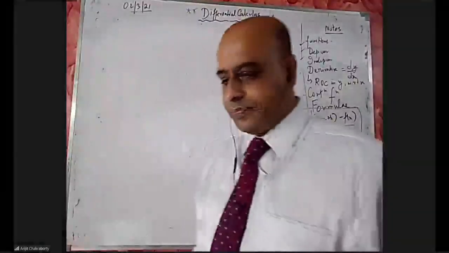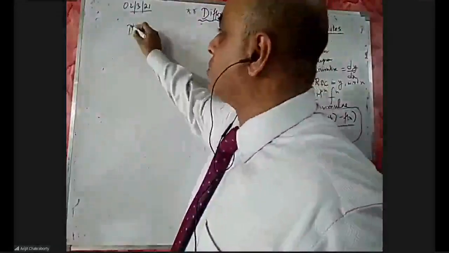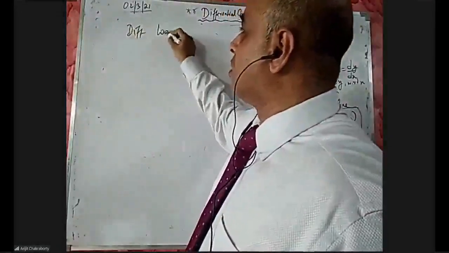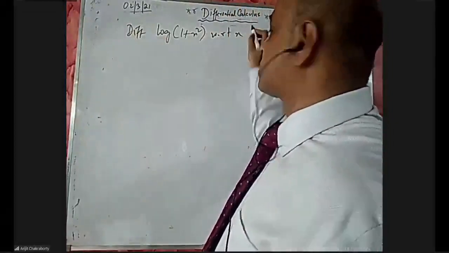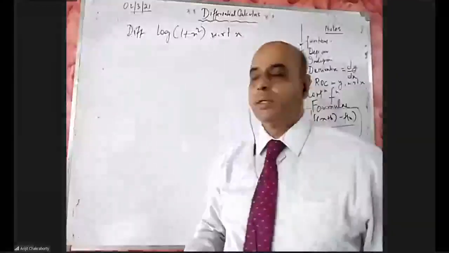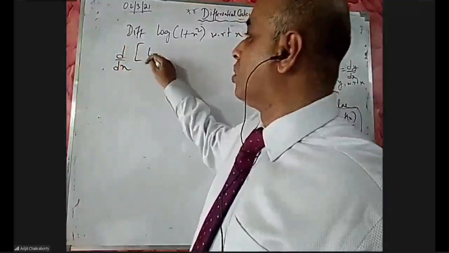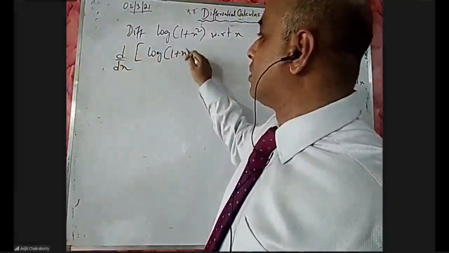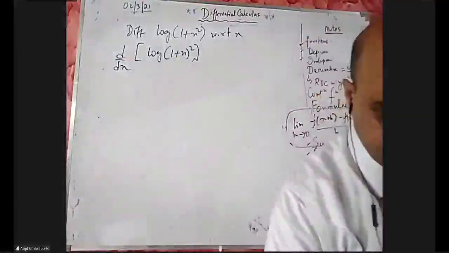Okay. The question is to differentiate log of 1 plus x square with respect to x. So in these types of questions, you have to find d/dx of log 1 plus x square. This is the question.